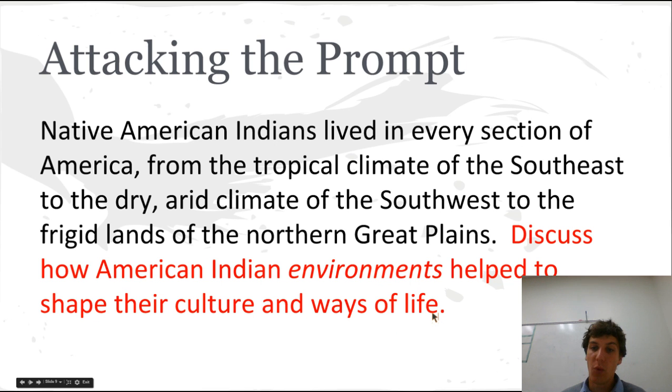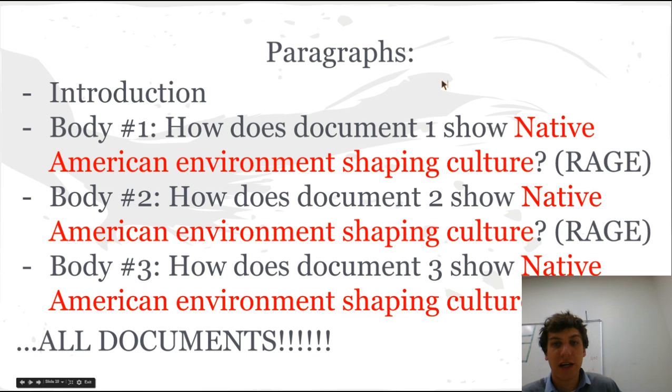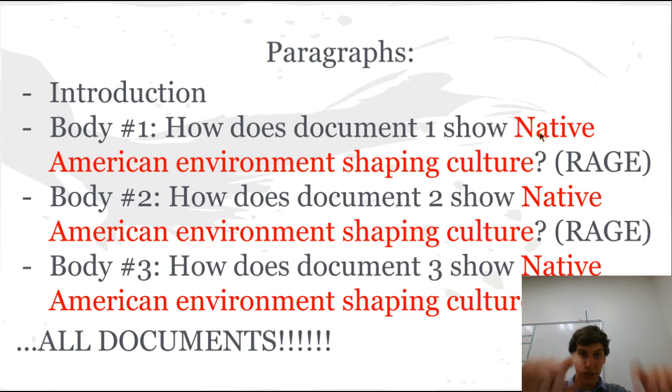So now when I write my essay, I'm going to use each of the documents to discuss how their environments helped shape their culture and ways of life. For example, how does document 1 show Native American environment shaping their culture or ways of life? So that's going to be a paragraph in my essay. Introduction, how does document 1 do it?